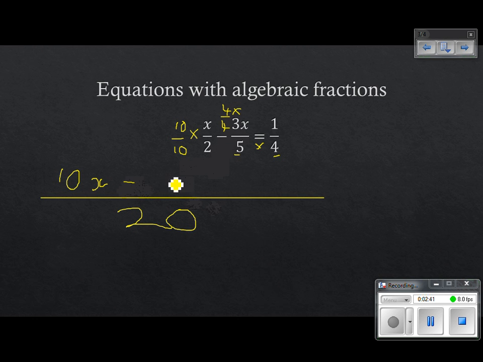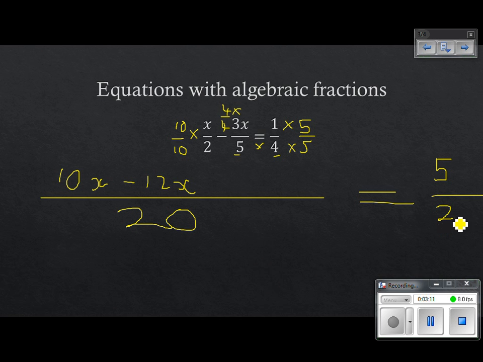I'm going to take that negative, put that 12 there, and make sure I keep the x because I don't want to lose that. And all that equals, well, we're going to multiply this one by 5. So 1 times 5 just happens to be a nice number. It happens to be 5 out of 20.